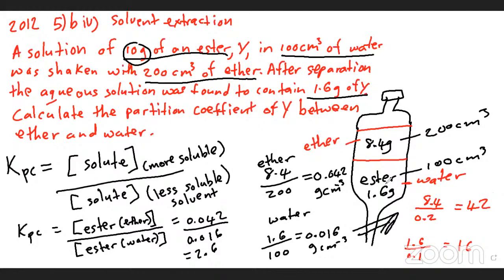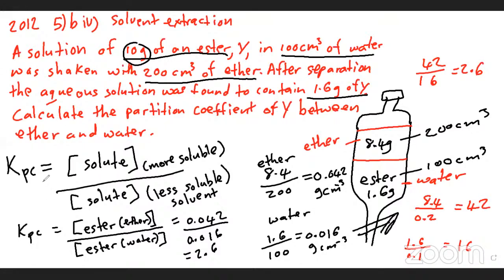So for this one, it would have been 42 divided by 16. You will still get 2.6. So you can work in cm cube or dm cube. Also, the units cancel, so it wouldn't have any units.